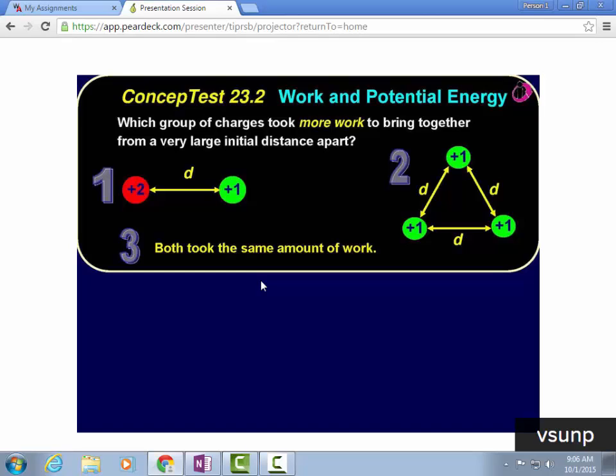Now, let's bring the third guy in. For this one, this interaction is going to be 1 over d, and the other one is going to be 1 over d. So this is going to be 3 times 1 over d, which is equal to 3 over d. And so 2 is greater.